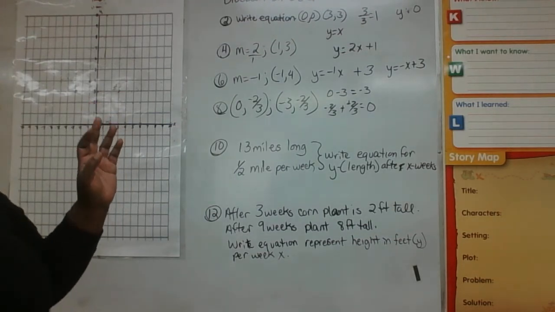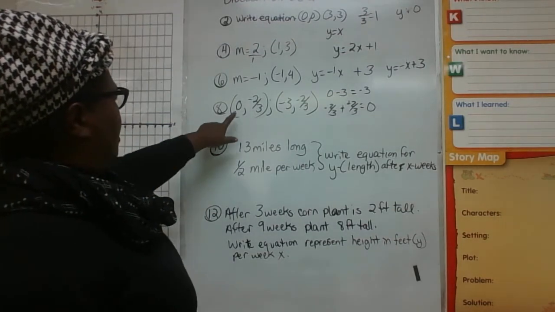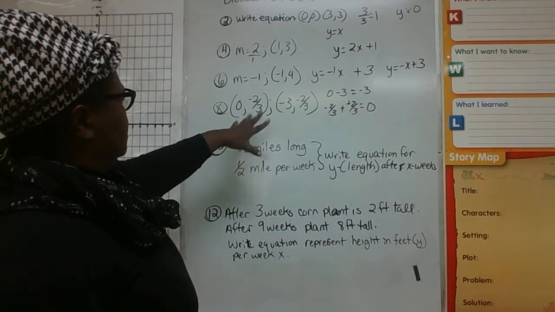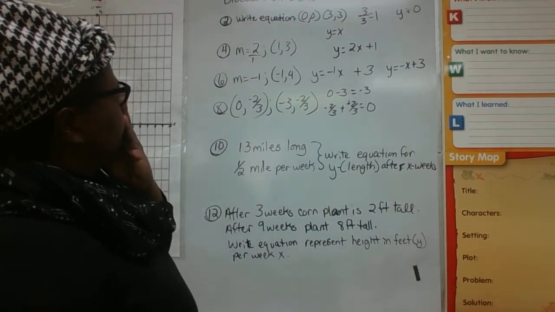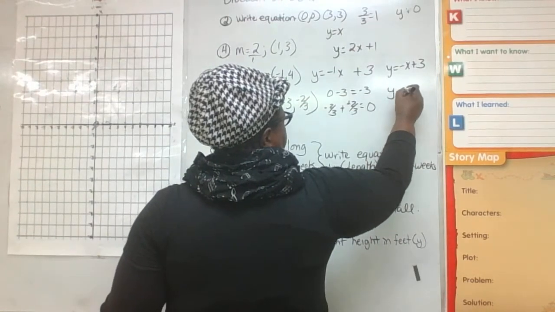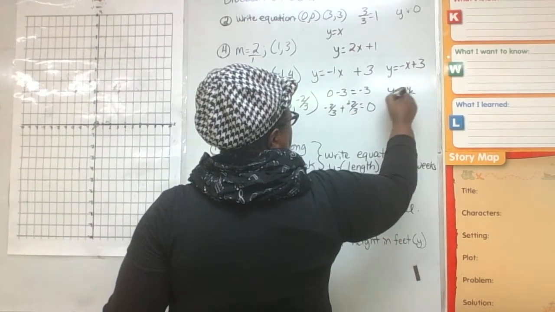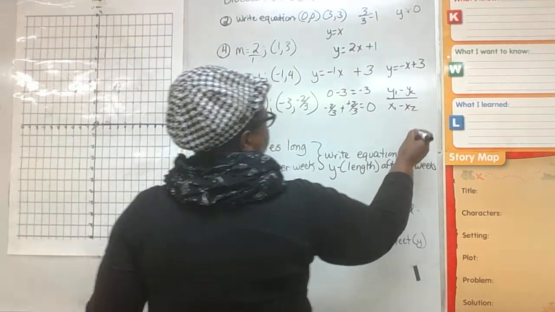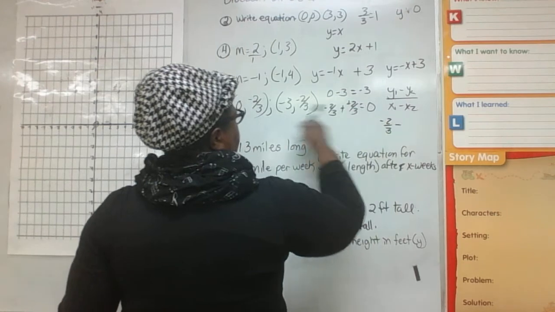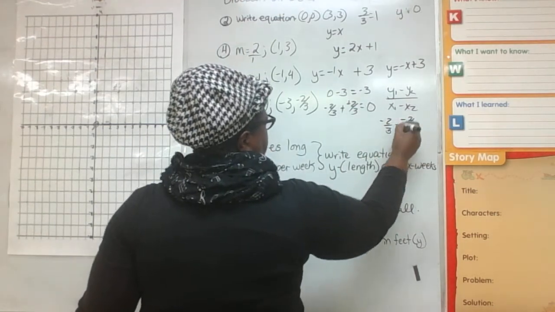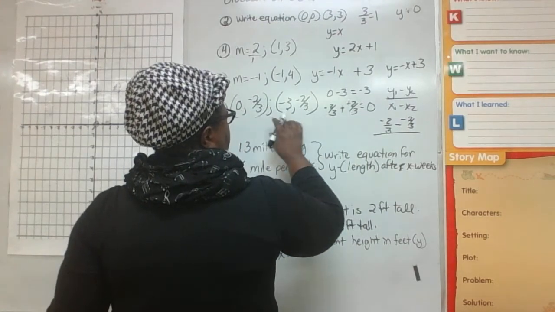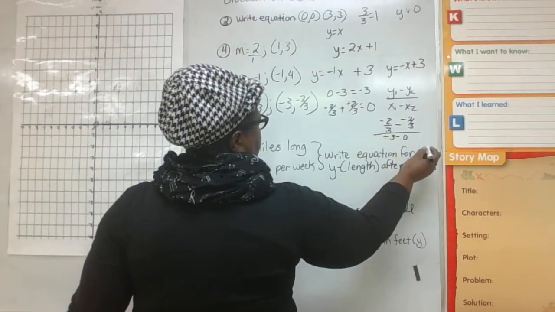For number 8, I'm going from y1 minus y2 over x1 minus x2. y1 is -2/3 minus -2/3 over x is -3 minus 0.